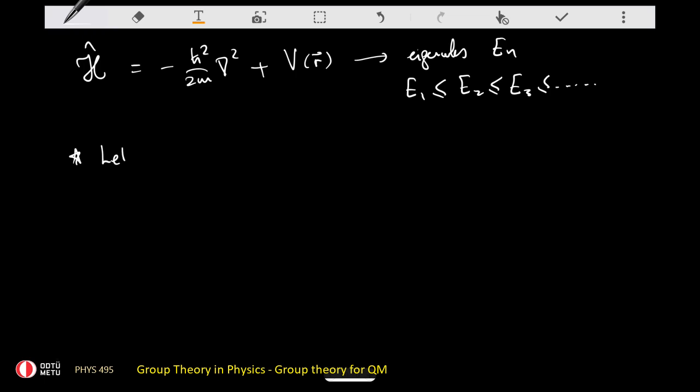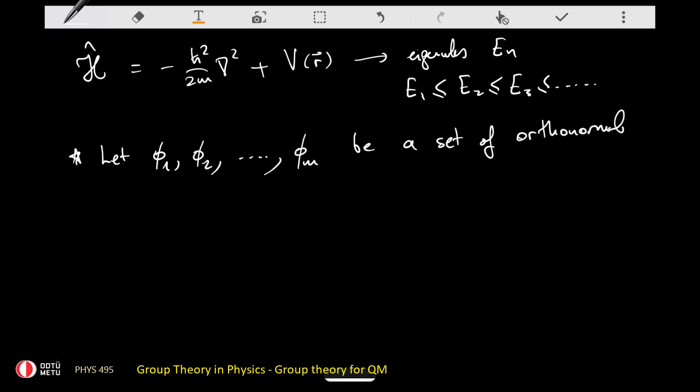Let phi 1, phi 2, up to phi m be a set of orthonormal states or orthonormal wave functions. We define h_ij as the matrix element, phi i, H, phi j.